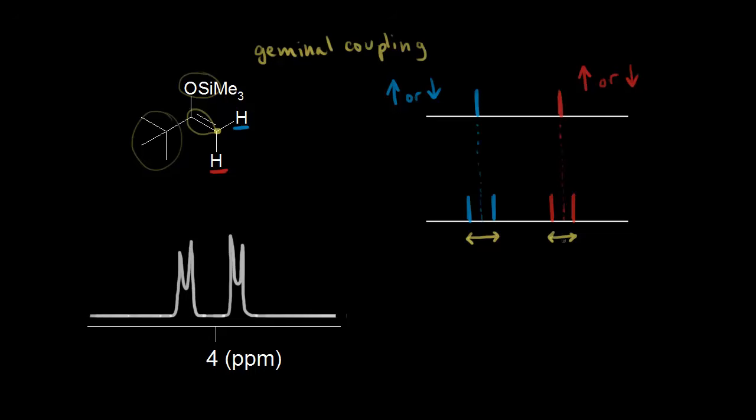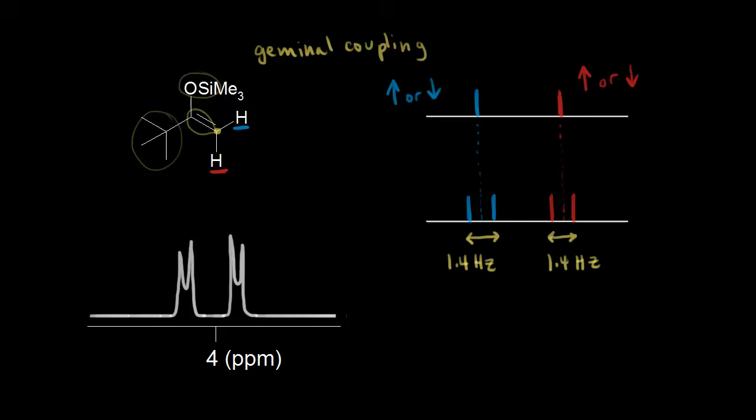The coupling constant is measured in hertz, so it turns out to be 1.4 hertz. If it's 1.4 hertz for this one, it must be 1.4 hertz for this one because those protons are coupled together. The reason we use hertz is that it's the same coupling constant no matter what NMR spectrometer you're using. It doesn't matter what the operating frequency is, you're going to get the same coupling constant.